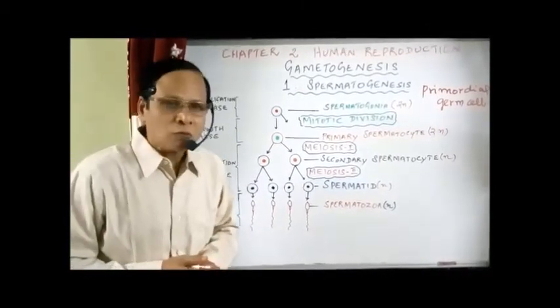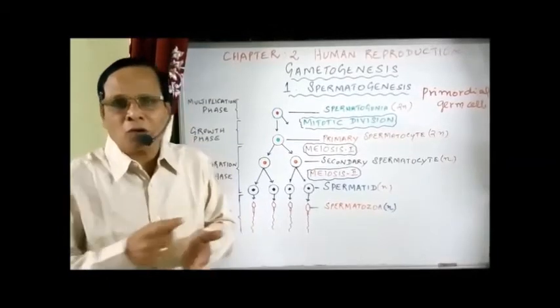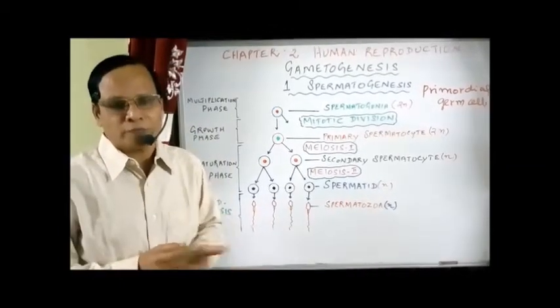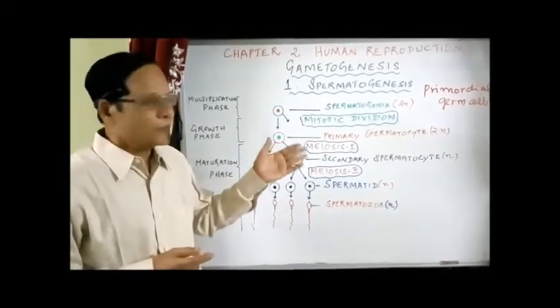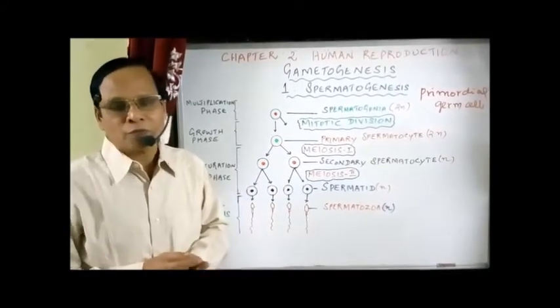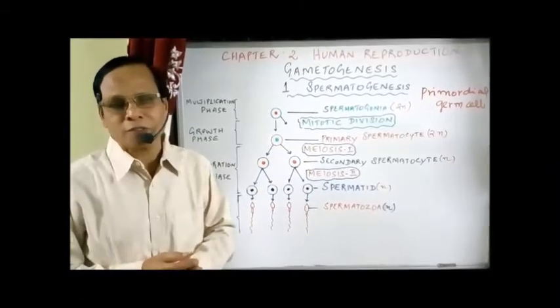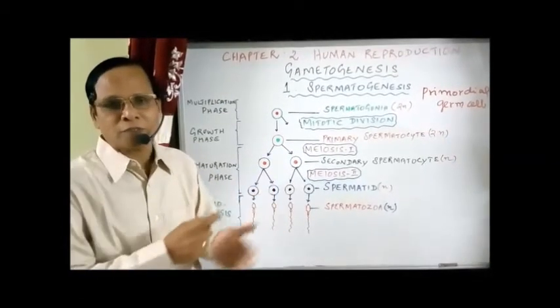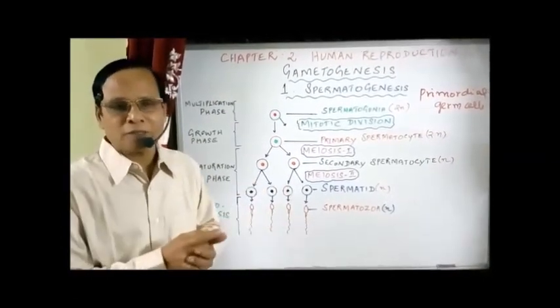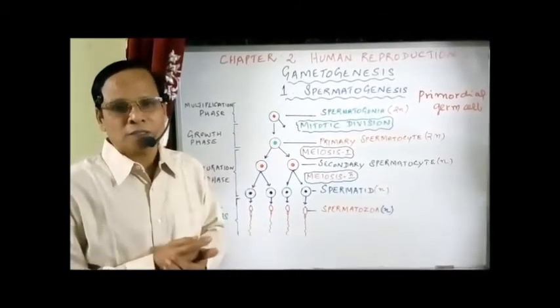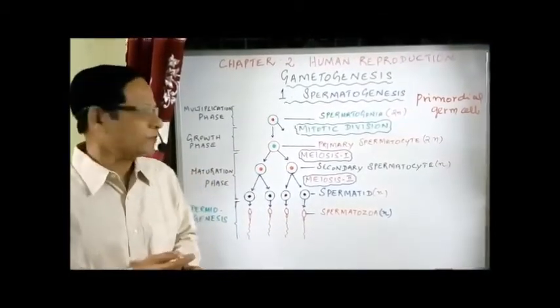So the male has a longer duration of fertility than the female. The fertility of the female ends on or before the 50th year of age, whereas the fertility of the male goes on even up to the age of 70 or 75.